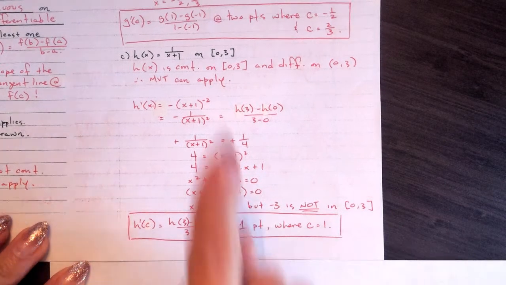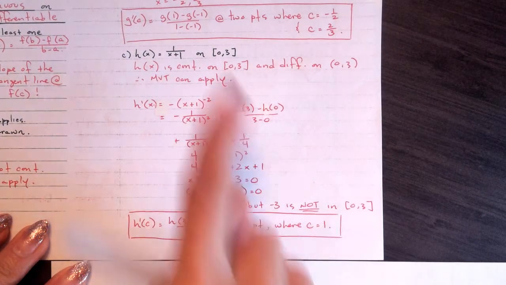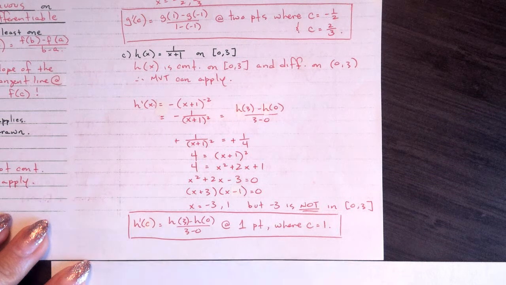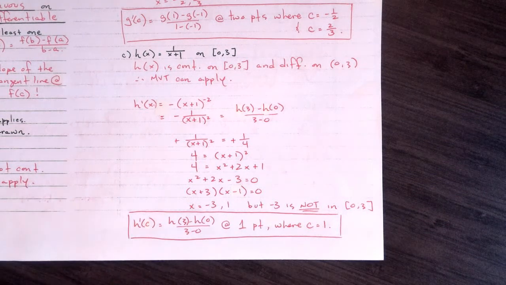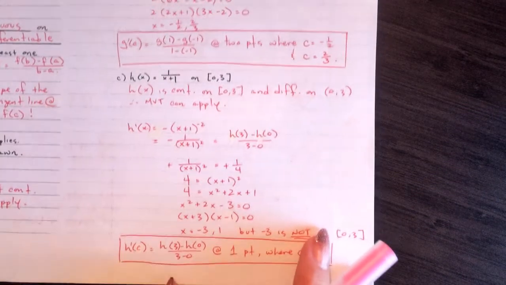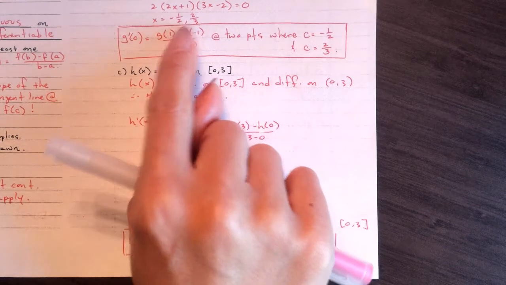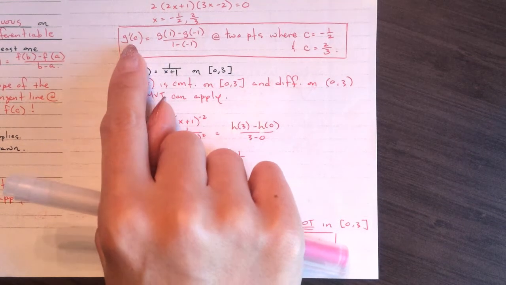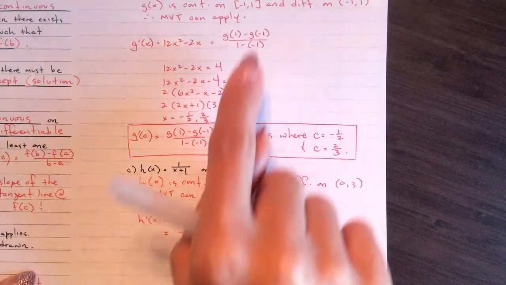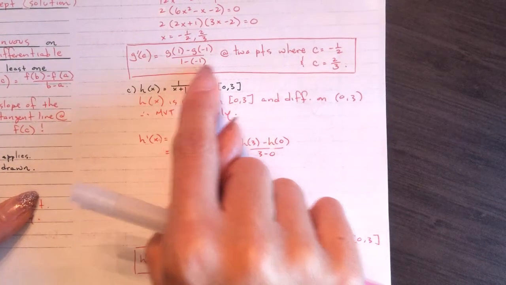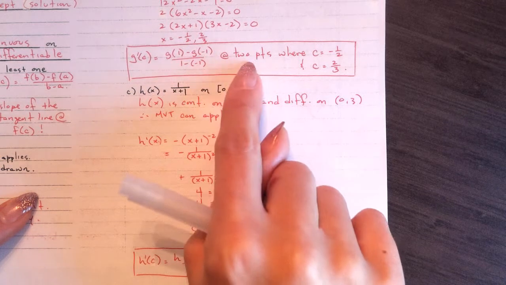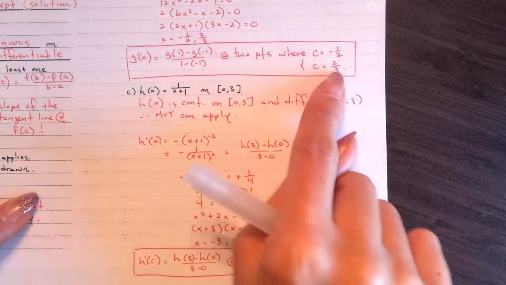So these are just final statements. This is like amazing. If you did that, it would be super amazing. It would maybe be some extra credit, okay? So like for this one, we found our 2 values and then we made a statement. We said this equals this, which is already stated up here. Somewhere we've stated it before. So this equals this at 2 points where C equals this and C equals this.